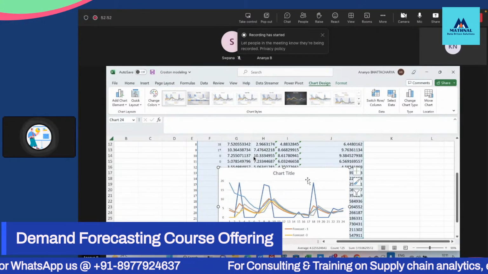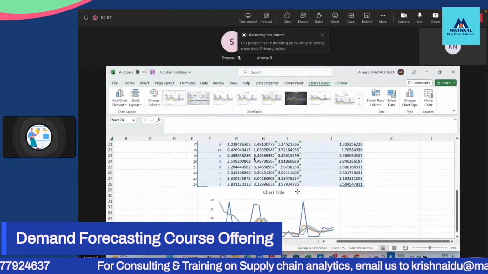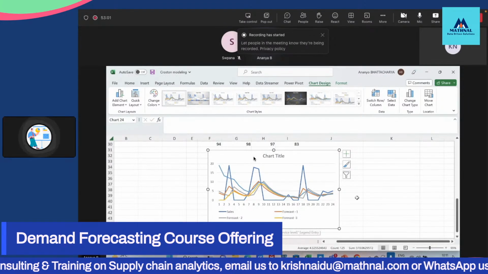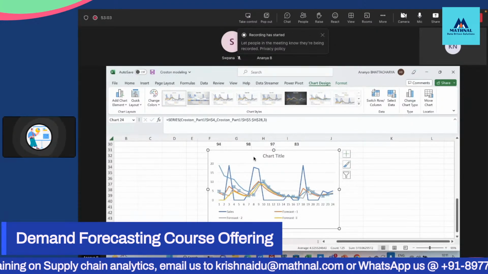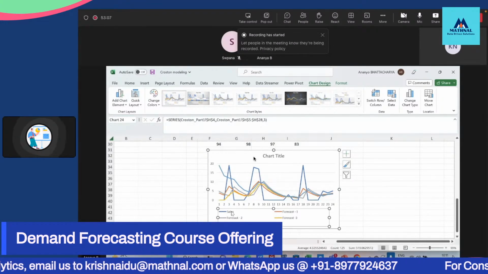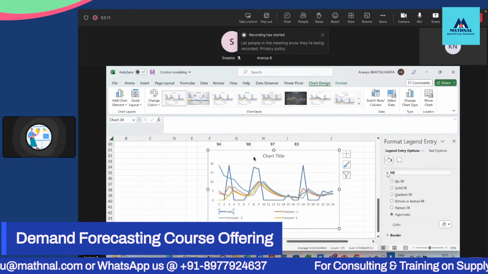Okay, so here our blue one is what? Blue one is our sales, right? Forecast one is our orange. I think we have to distinguish our colors.